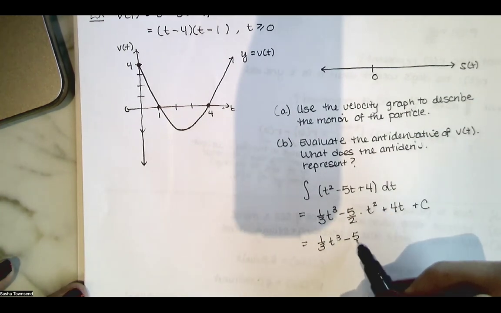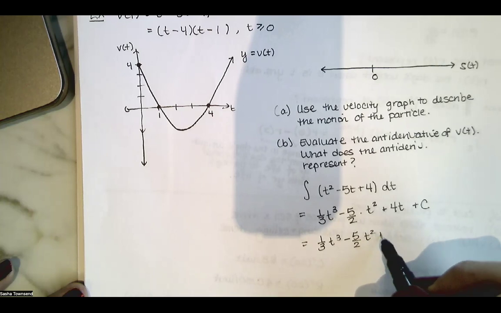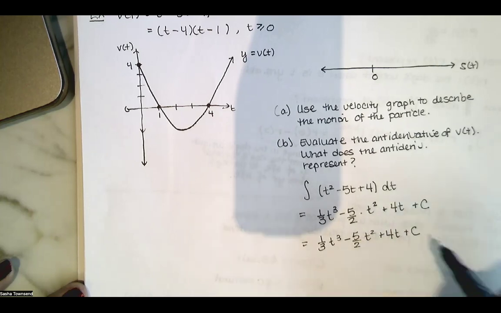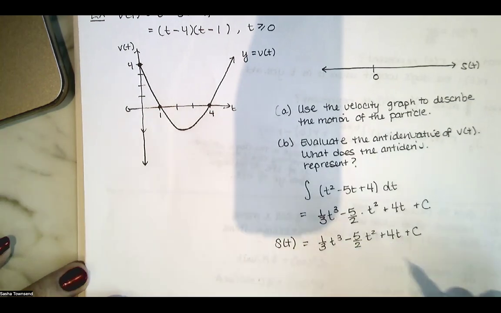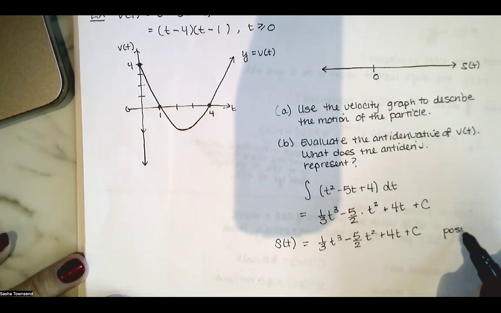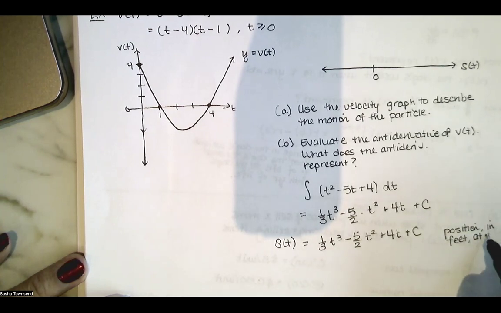Now this is the antiderivative of velocity. So this is position in feet at time t seconds.